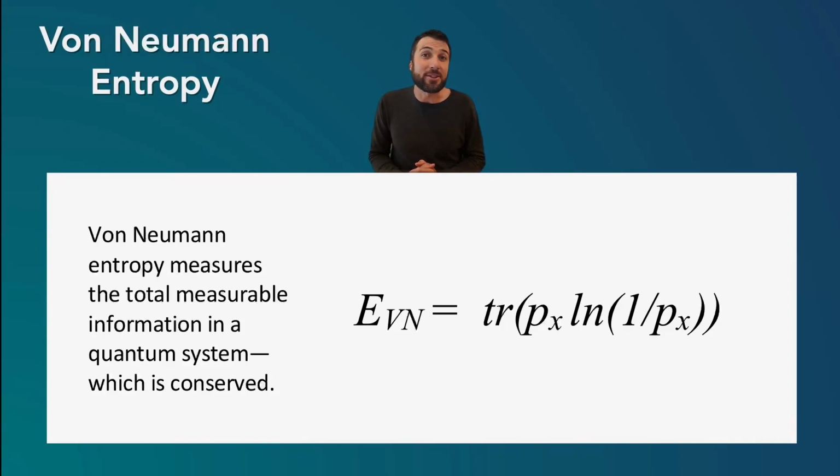However, there's a key difference between thermodynamic entropy and von Neumann entropy. Von Neumann entropy is the total measurable entropy in the quantum system, so after the wave collapses, while thermodynamic entropy is the information prior to measurement.